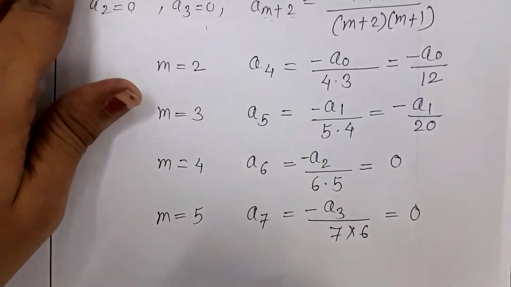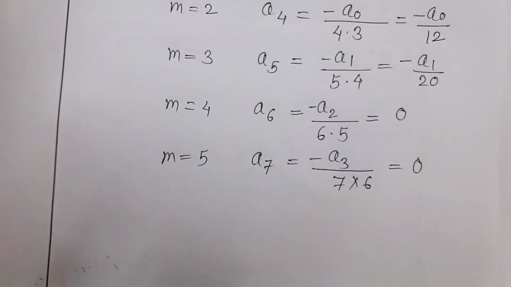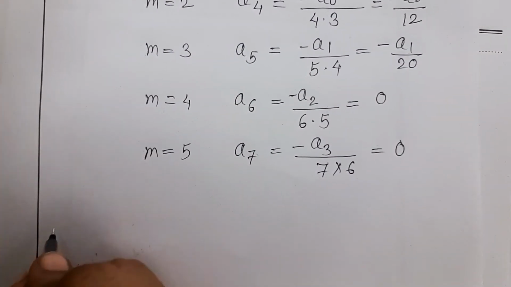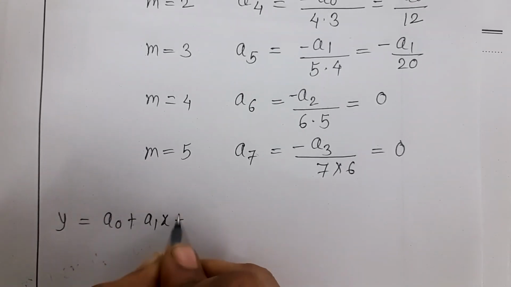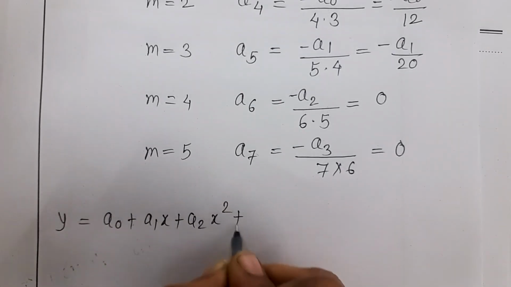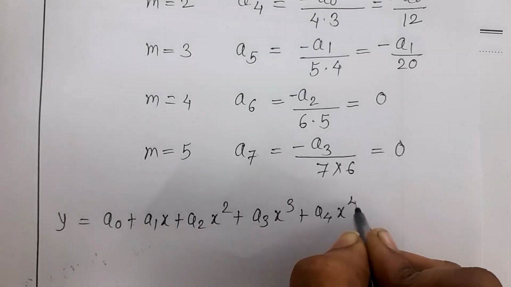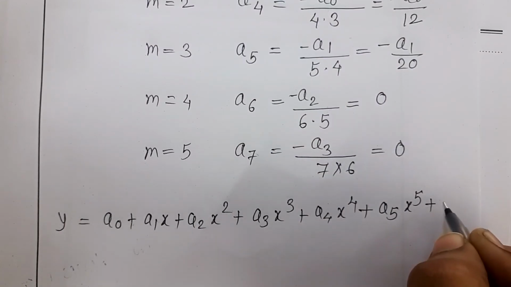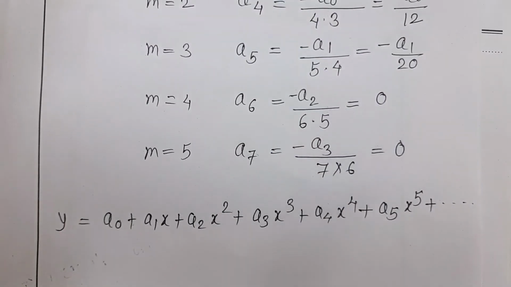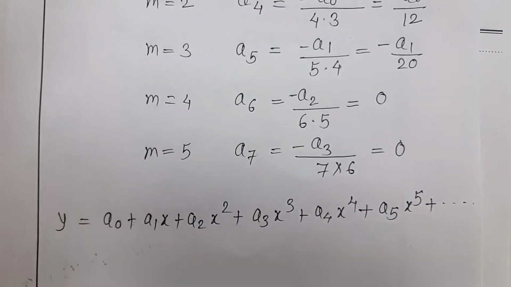So what is our series solution? The series solution is y is equal to a0 plus a1x plus a2x square plus a3x cube plus a4x to the power 4 plus a5x to the power 5 plus a6, a7 and so on. Substituting, a6 and a7 are 0. Next values we will get, but we cannot find so many values here.